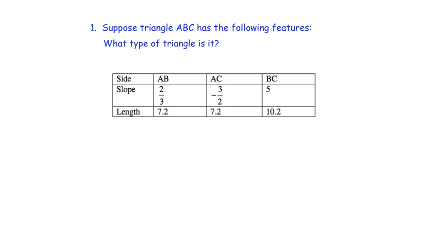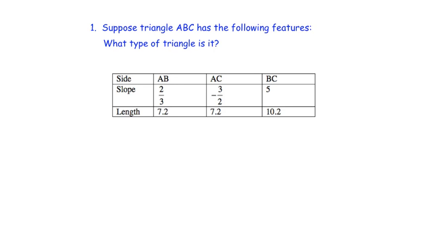Okay, so let's look at a problem. Suppose triangle ABC has the following features. What type of triangle is it? In this case, I've done all the work for you. There's no need to use the distance formula or slope or any of that sort of stuff. I've just put everything into a chart, and it's your job to classify it based on this information. So where to start? Well, you see that I have two sides, side AB and AC, that have the same length, and the third side is a different length.